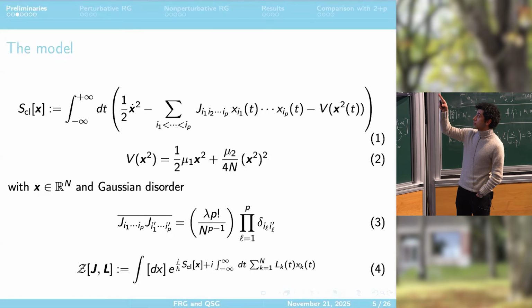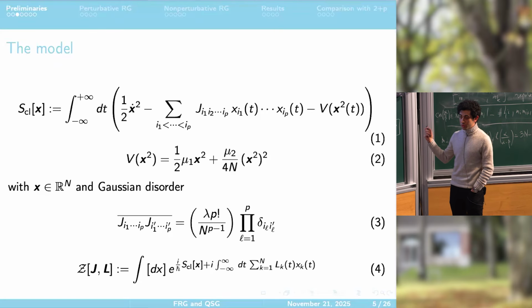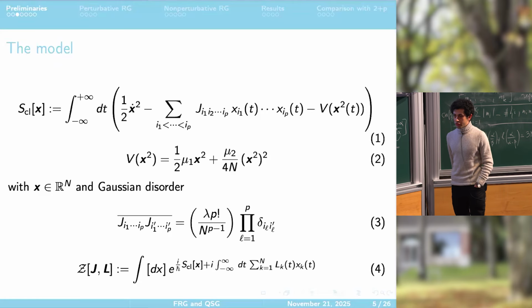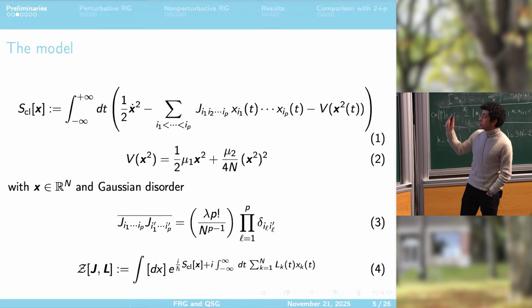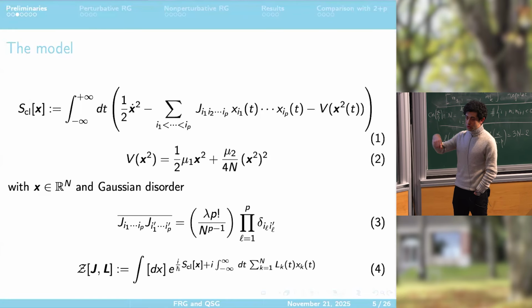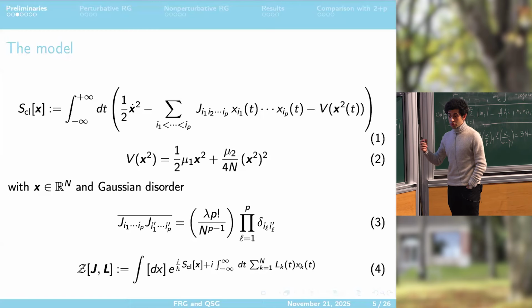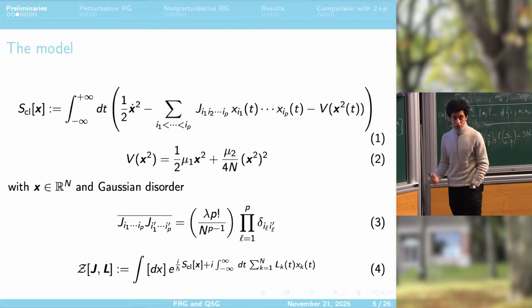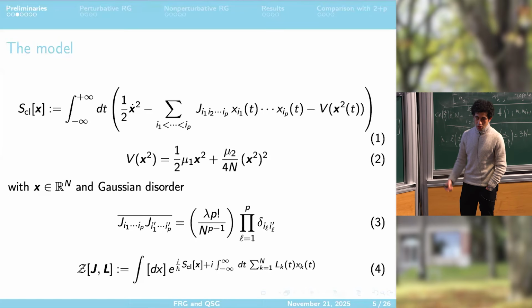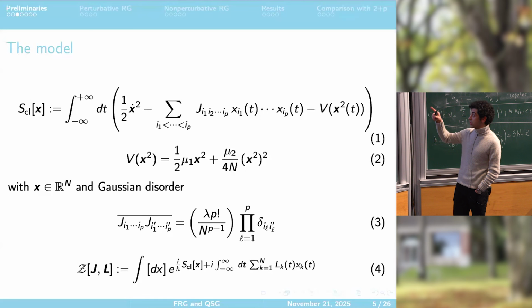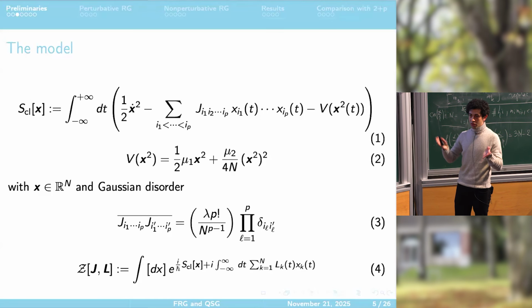The first and last terms are very familiar. This is one derivative term, the derivative of the field in the kinetic sense, and then the potential, which is just some quartic potential, because as you remember, I mentioned that glassy systems are on high dimensional spheres. So we relax this spherical condition by introducing this potential that basically constrains the length of x squared.